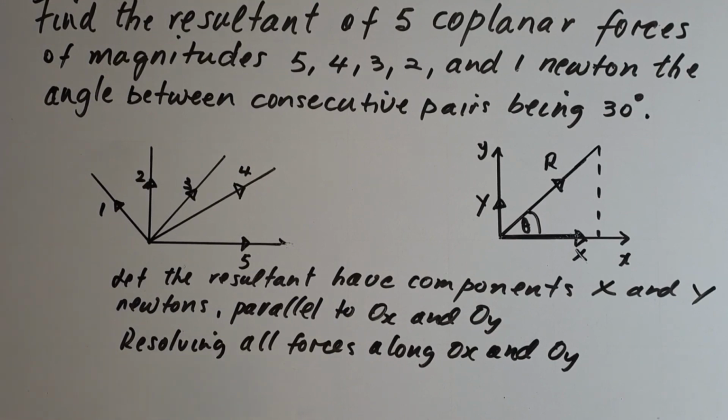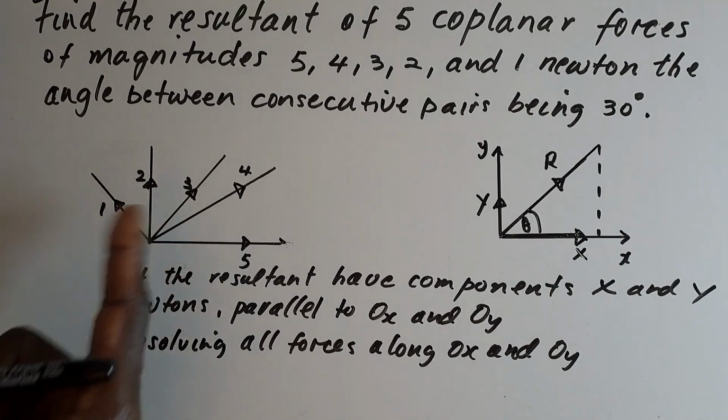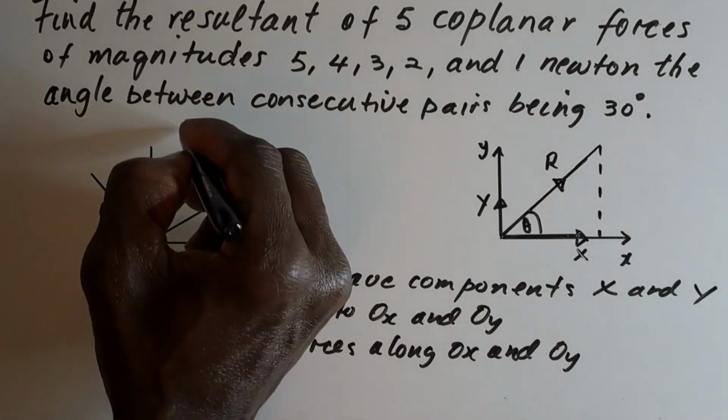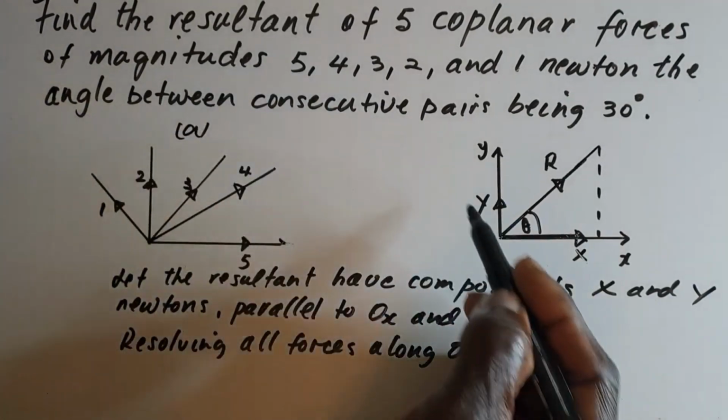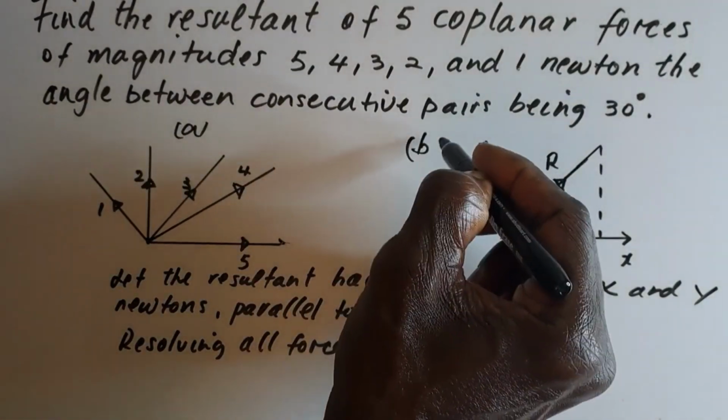Remember the angle between consecutive pairs being 30 degrees. And we have 5 coplanar forces in the diagram on the left. We'll call this A, and this is B.